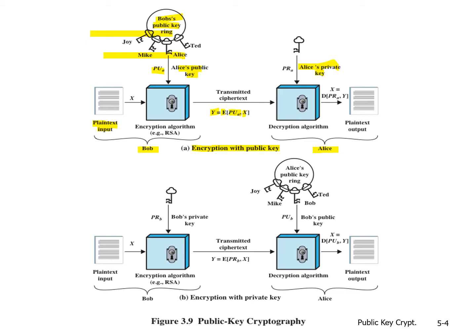Alice can decrypt the ciphertext received using Alice's private key. Decrypt using Alice's private key. Then ciphertext can be decrypted into plain text.